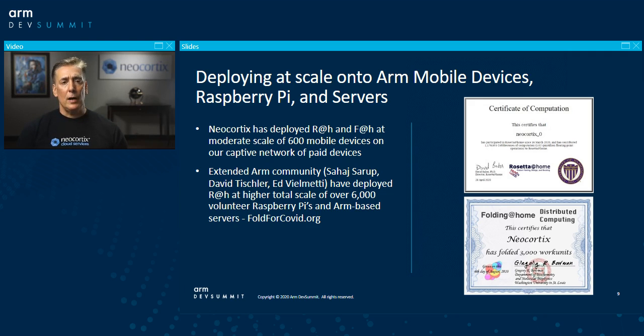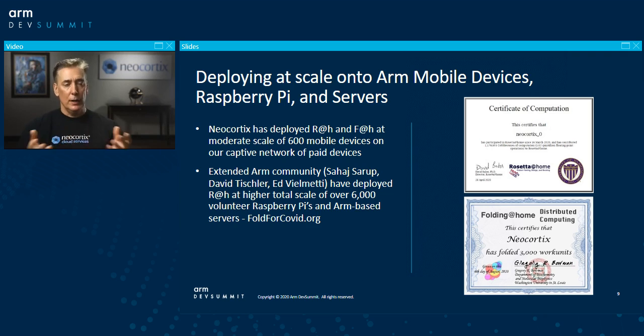And Ed Vielmetti was focusing on ARM servers, since that's one of the business models of Packet.com. Collectively, they represented the extended ARM community, and they deployed onto a significantly larger number of devices than Neocortex currently has, because they were accessing volunteer devices.